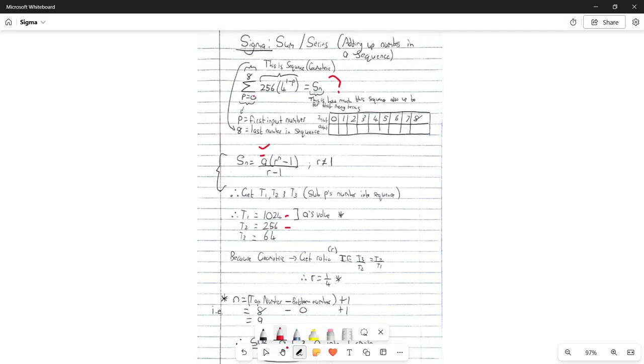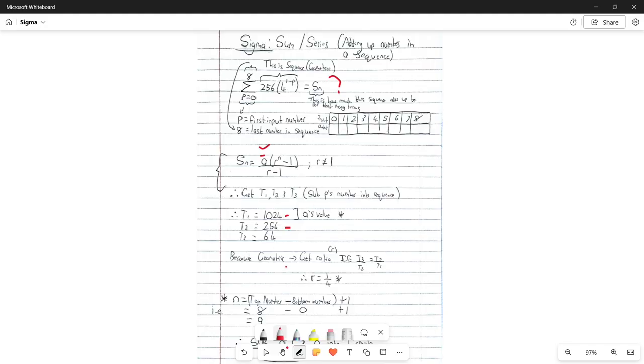For term 2, we put in 1, so p equals 1. We go 256 in our calculator, bracket 4 to the power of 1 minus 1, close brackets, and we get this value of 256. It's just telling us what number to put into p so we can then get the output for our term 1 over here and our term 2 over here. It's told us where to start.